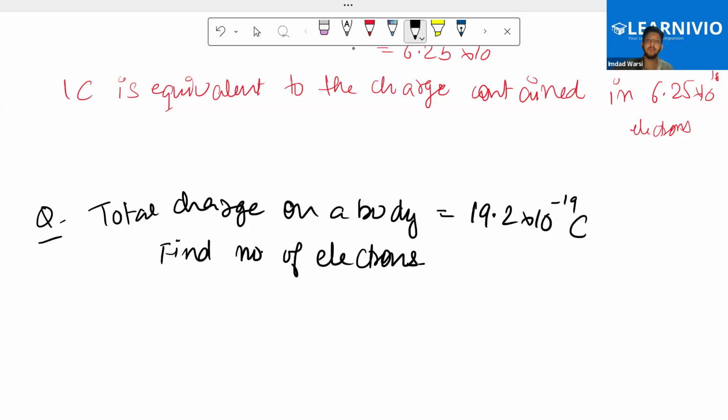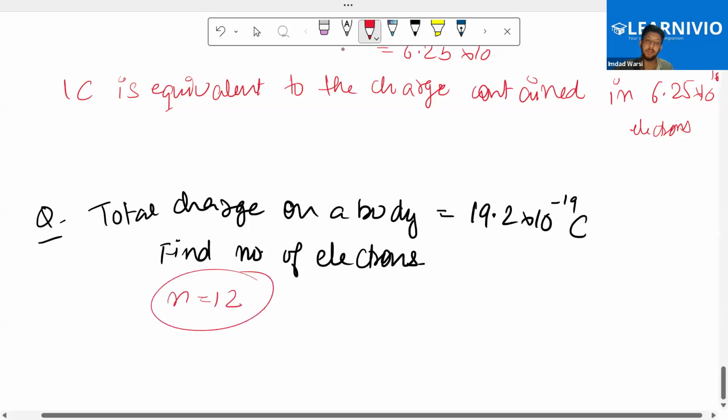Yes, very good. So the number of electrons you got is 12.